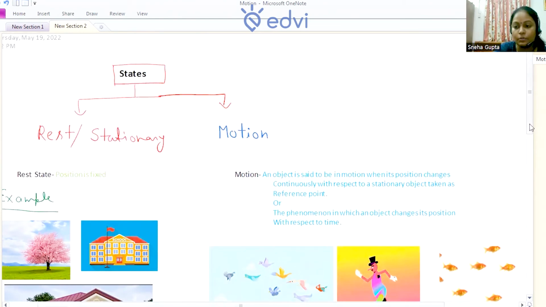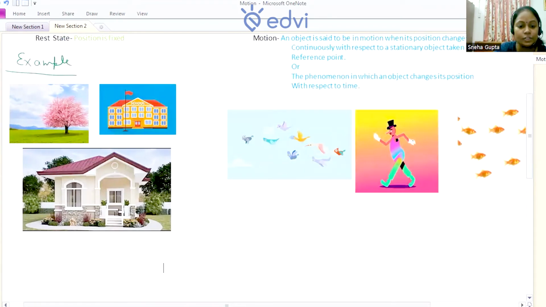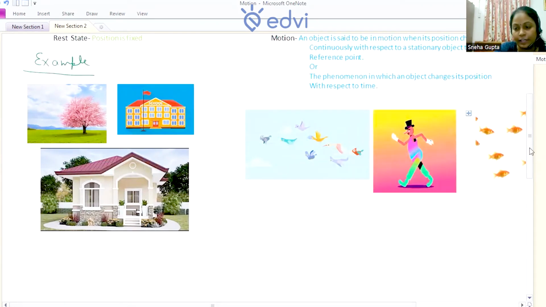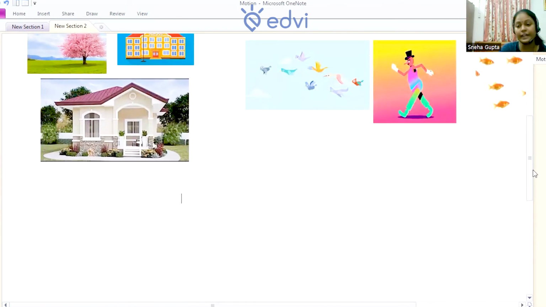Okay, so with this we continue to our next topic related to motion, that is distance and displacement.